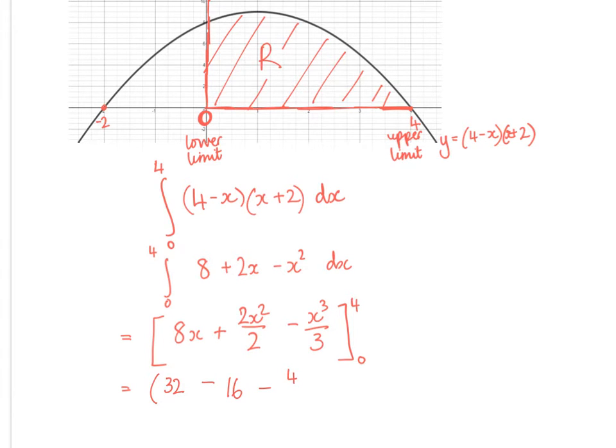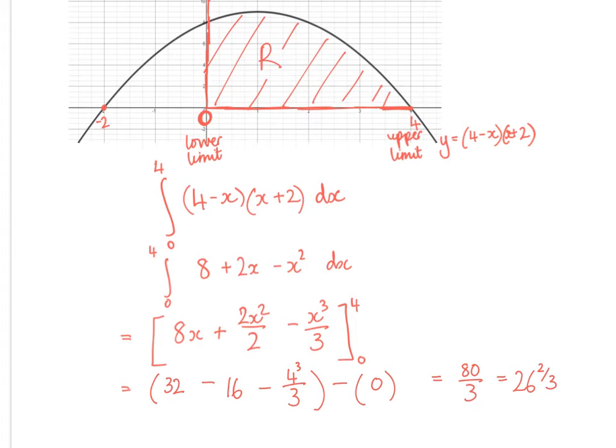That should look more like 4 cubed. So 4 cubed over 3, and then if you put 0 into all the others, just as 0, and that works out to be 80 over 3, which is acceptable, or 26 2/3, and that's units squared.